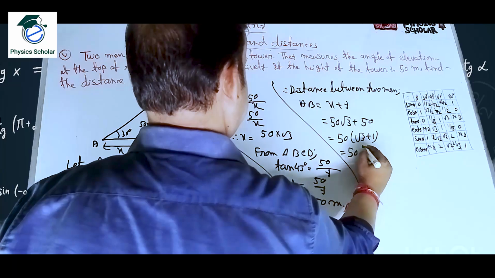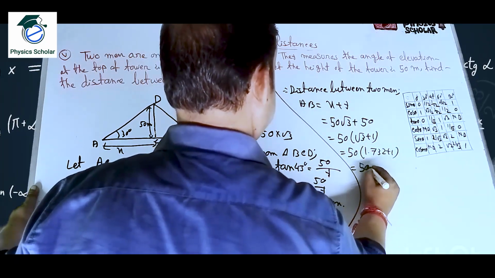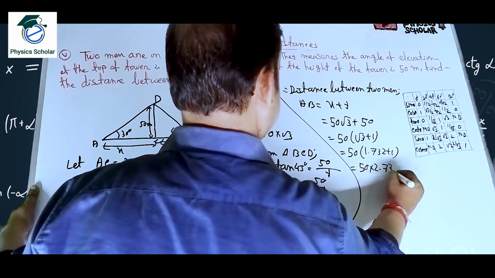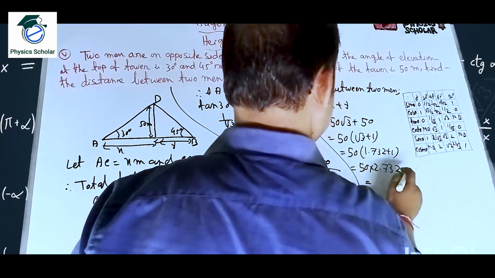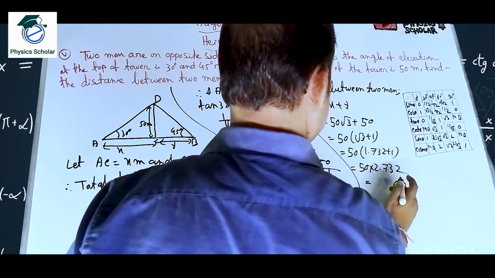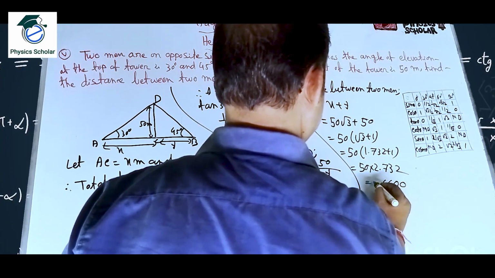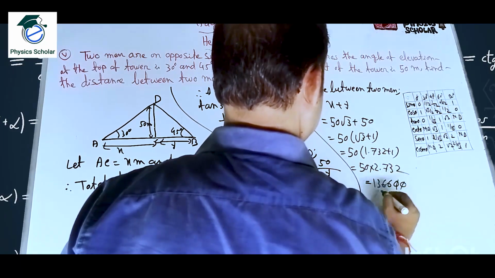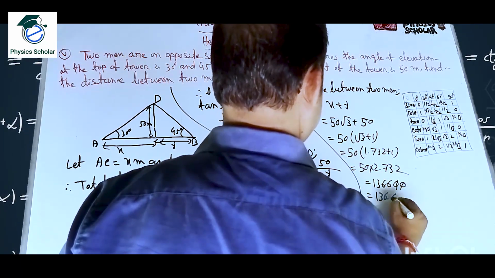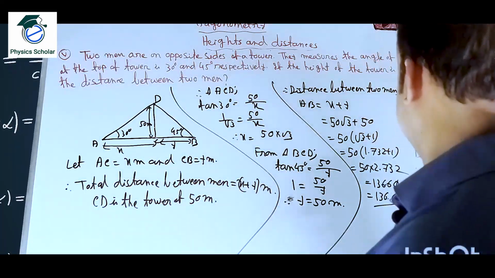What is the value of root 3? 1.732 plus 1 is equal to 50 into 2.732, which is equal to 136.6 meters. So this will be the distance.